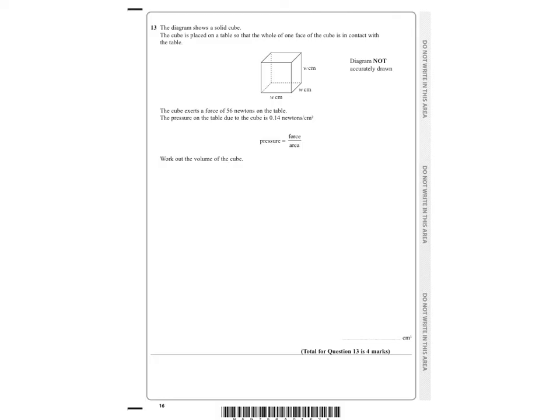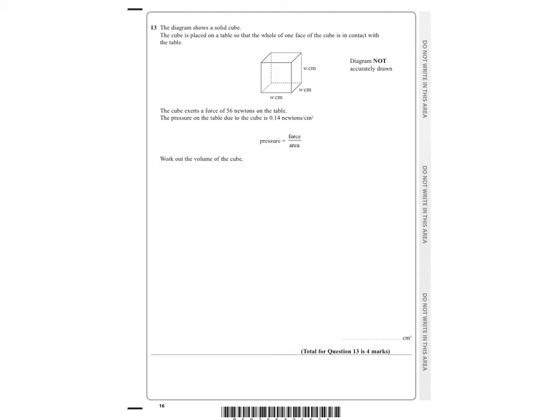Okay, so something that we really need to take note of here is that when we're looking at pressure, we're just looking at area. Now, this area is only going to be the face here, which is on the table. So this face is the one which is exerting the force on the table.